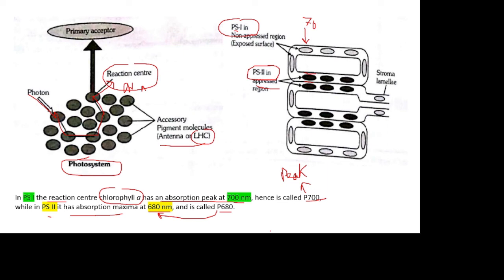So PS1 is P700 and PS2 is P680. The absorption peak in PS1 is at 700, and in PS2 the absorption peak is at 680 nanometer. The stroma lamellae are also exposed, or non-appressed, regions. That's why they also have PS1 in them.